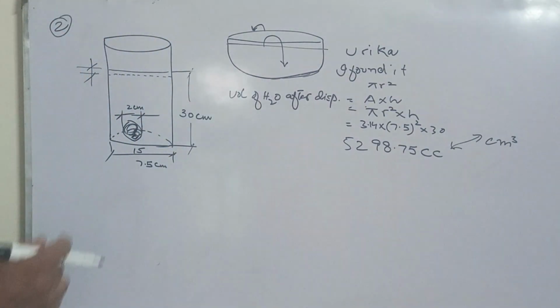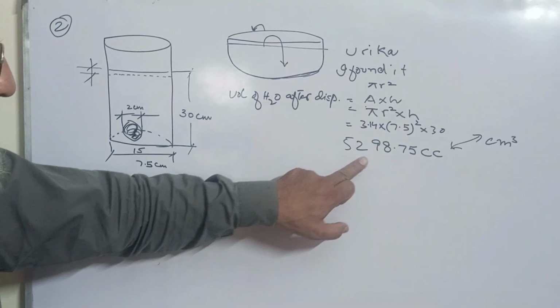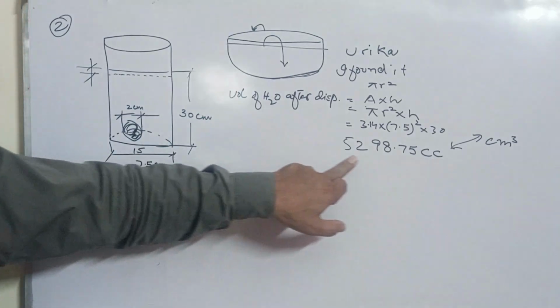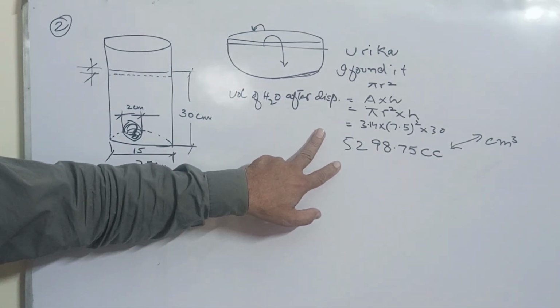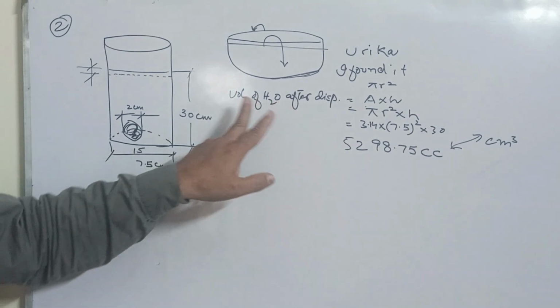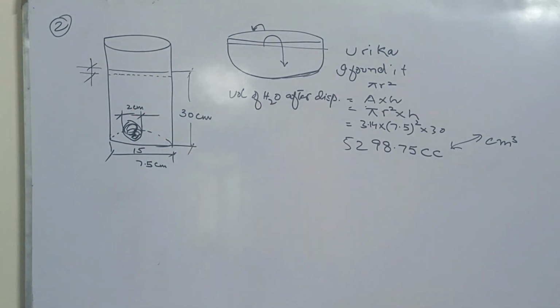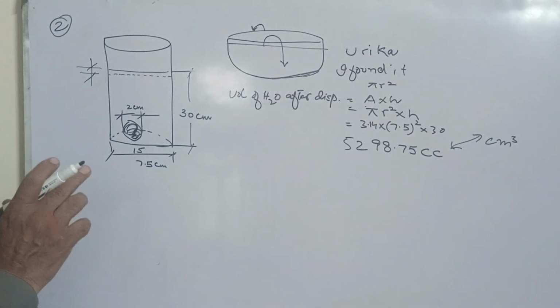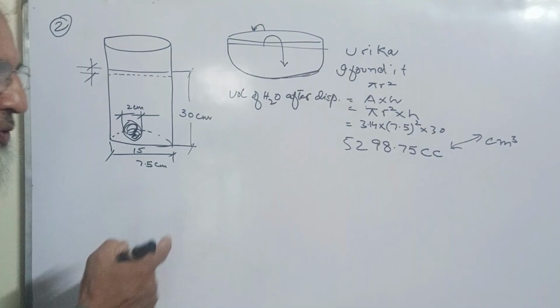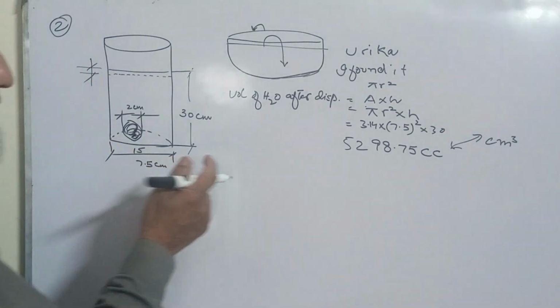Now what is this? This is the head of water, or the volume of water after displacement. So we have to find the actual volume of water which is in this cylinder.